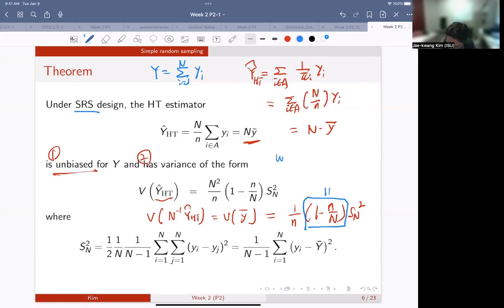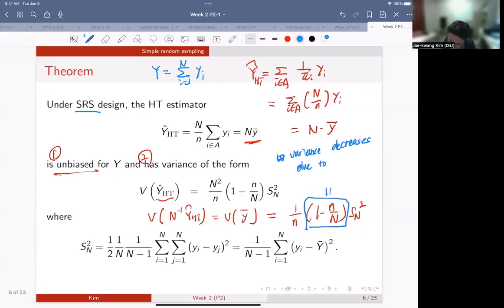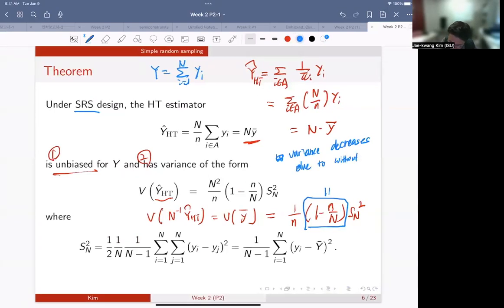So variance decreases due to without-replacement sampling. In the extreme case, when n is capital N, if you select all N, then the variance will be 0, right? So that is actually reflected here.